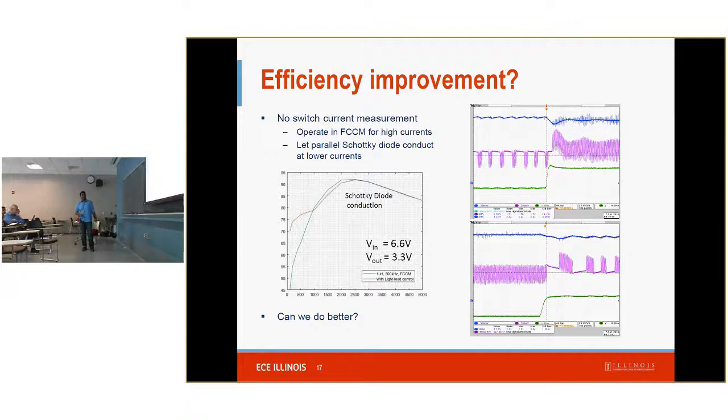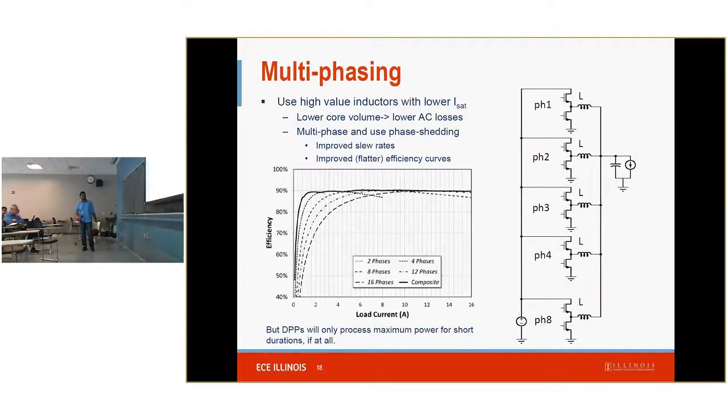So how do we get better light load efficiency values? One particular solution is to use multiphasing, so that we use a lot of parallel converters. Each of these inductors can have a lower I saturation rating, so they are going to be smaller, and much more efficient at light load.